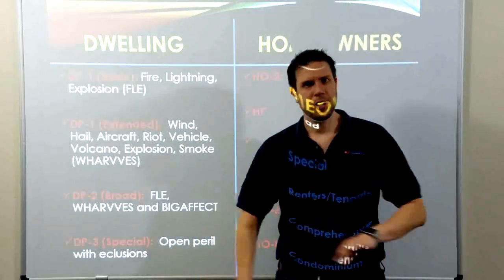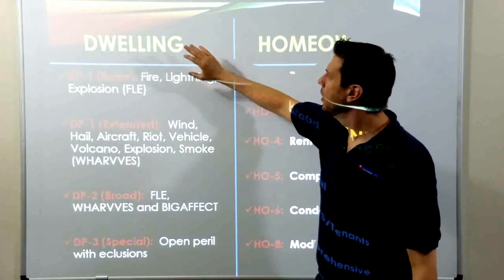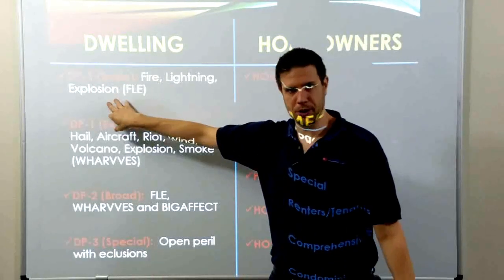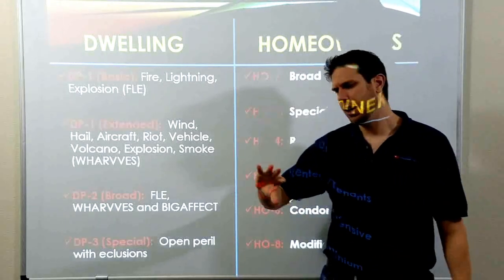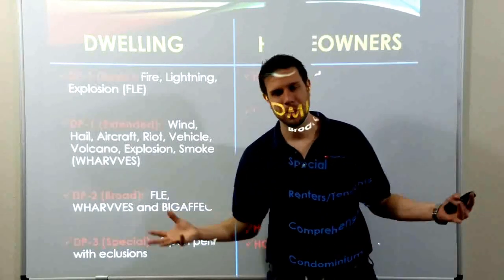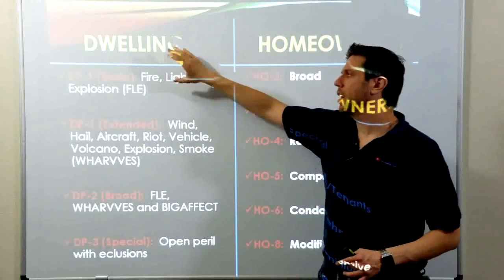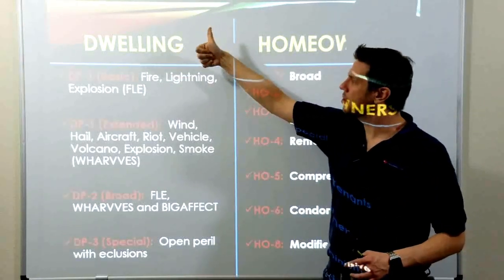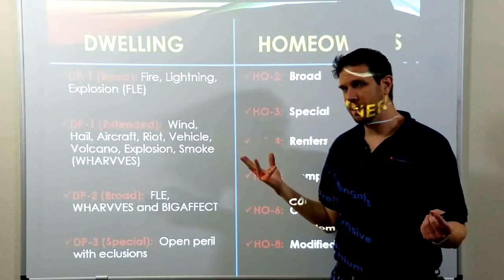The worst insurance you can ever get will cover FLE. That's internal explosion, such as like a kerosene heater blows up inside the house. So the DP1 basic covers FLE if the house burns down, if it gets struck by lightning, or if the house explodes from the inside.